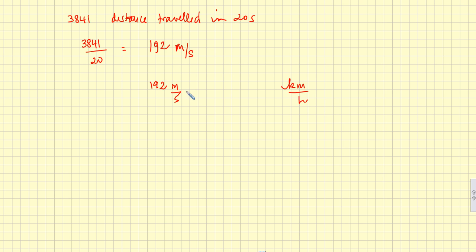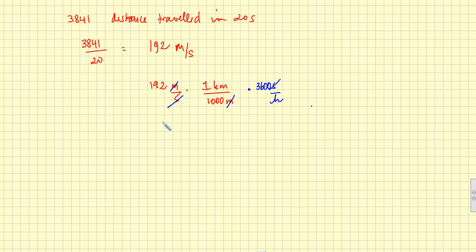So that means that in 1 kilometer, there are 1,000 meters. So now I can cancel the meters. And in order to get to hours as opposed to seconds, I would have to say there are 3,600 seconds in an hour, so that I can now cancel out my seconds.